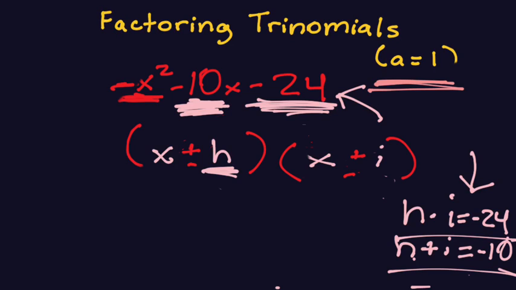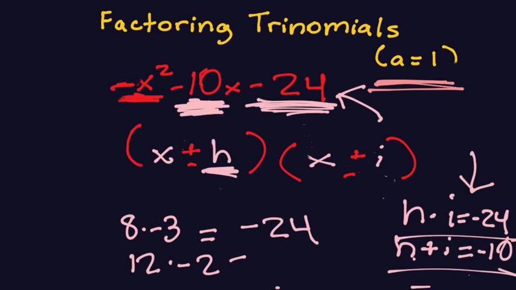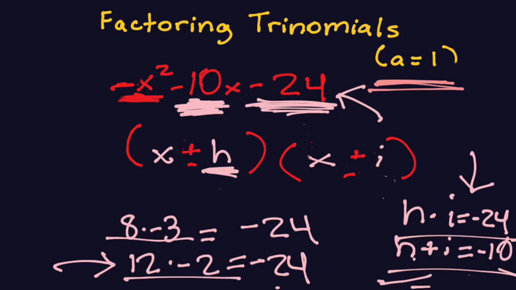So first let's think about negative 24. What multiply together to equal negative 24? 8 times negative 3. That's 1. What's another one? 12 times negative 2. So automatically we see for the values right here that 12 times negative 2 is going to add together to equal the negative 10 value. So that fits our second rule.